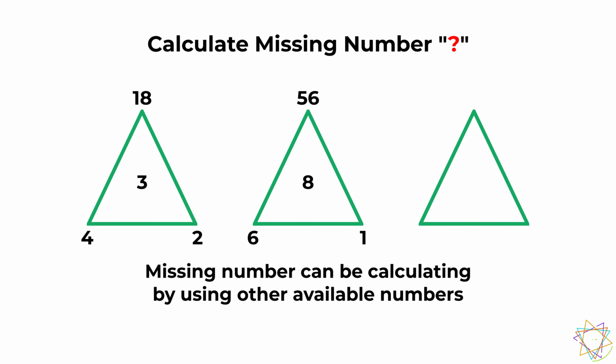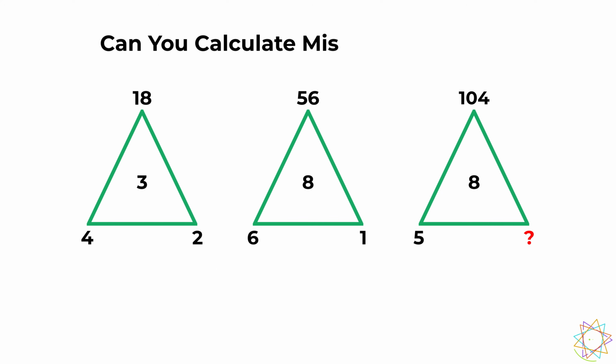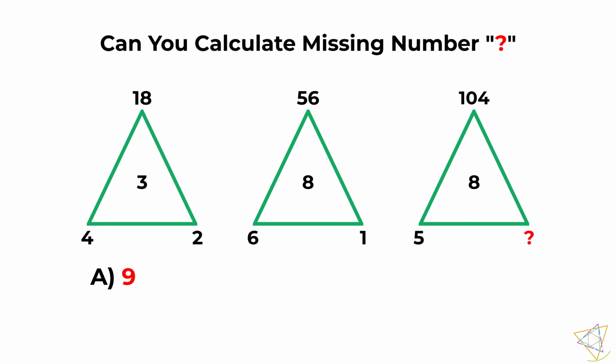The third triangle has number 104 on the top, number 8 in the middle, number 5 in the bottom left corner, and 1 missing number in the bottom right corner. You need to calculate the missing number. You have 4 different choices. Choice A, 9. Choice B, 10. Choice C, 11. And choice D, 12.